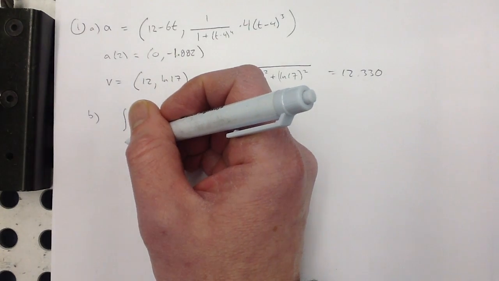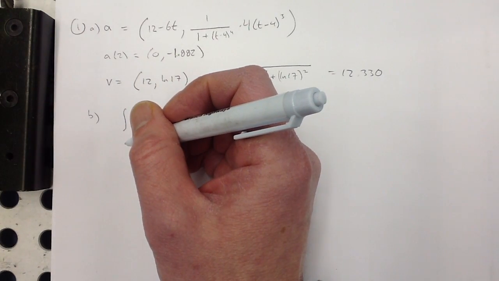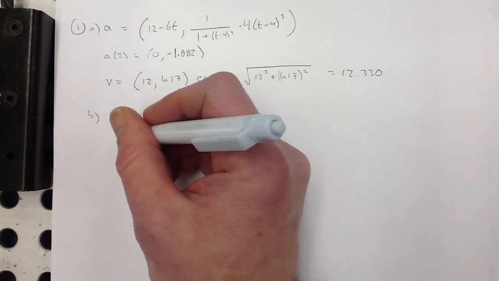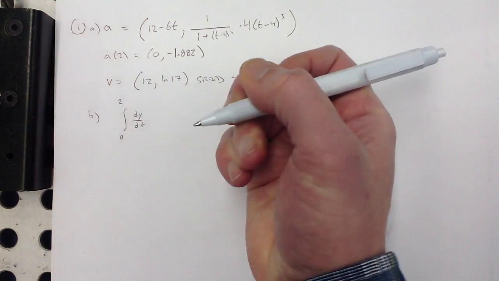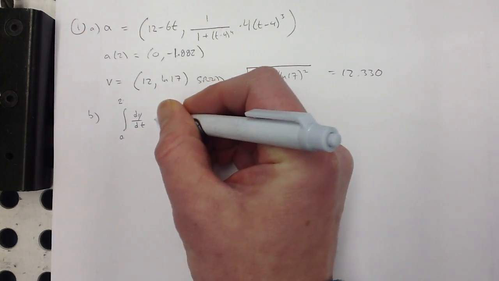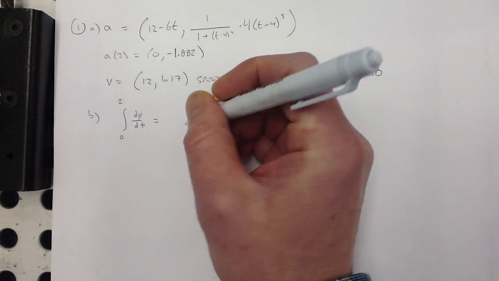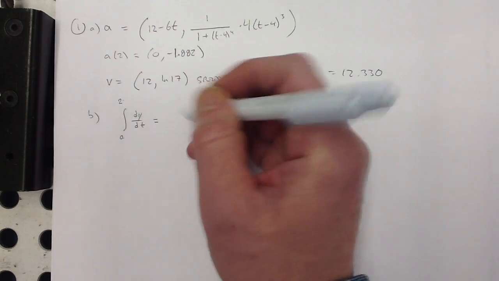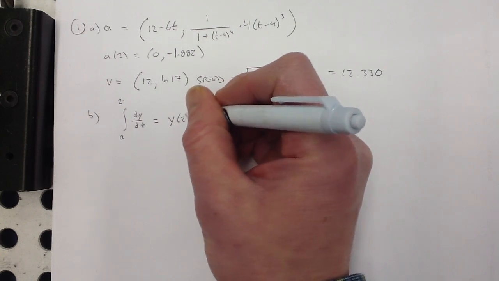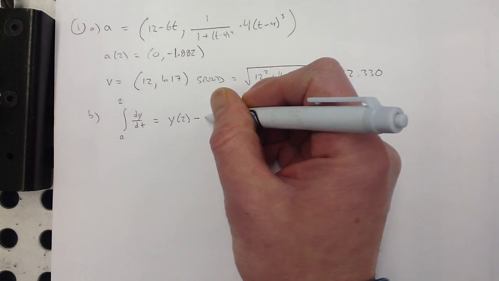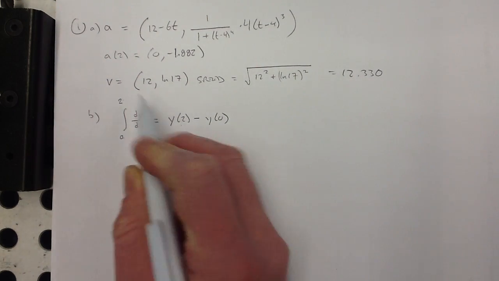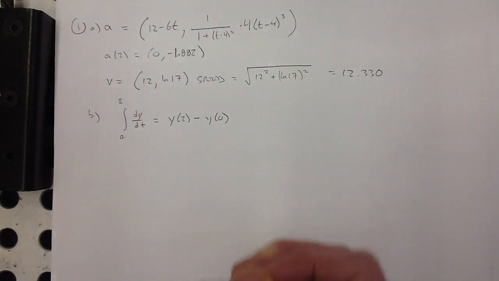Well, I want to know about the y-coordinate of P, and P is when it's at time 2, and I know about time 0, so I'm going to go from 0 to 2, right? Because this is the one I know about, and this is the one I want to know about. So that is equal to, by the fundamental theorem of calculus, y of 2 minus y of 0, right? The antiderivative at this minus the antiderivative of that.